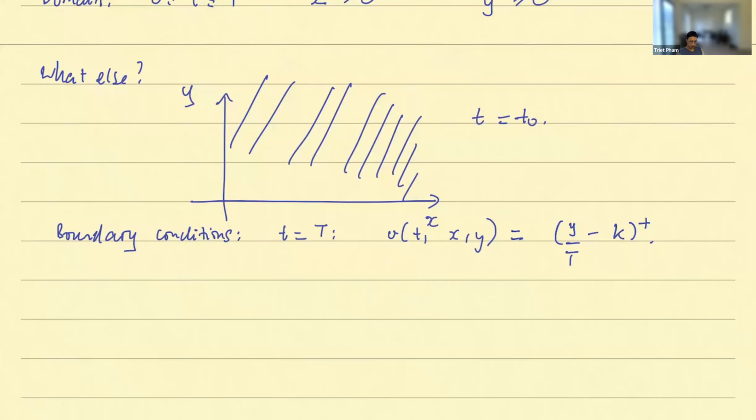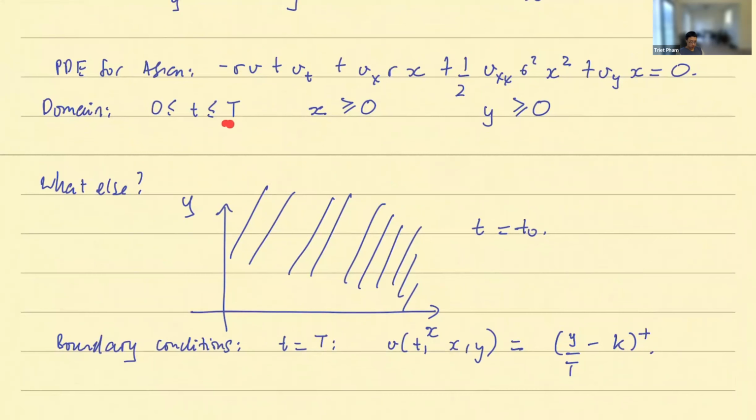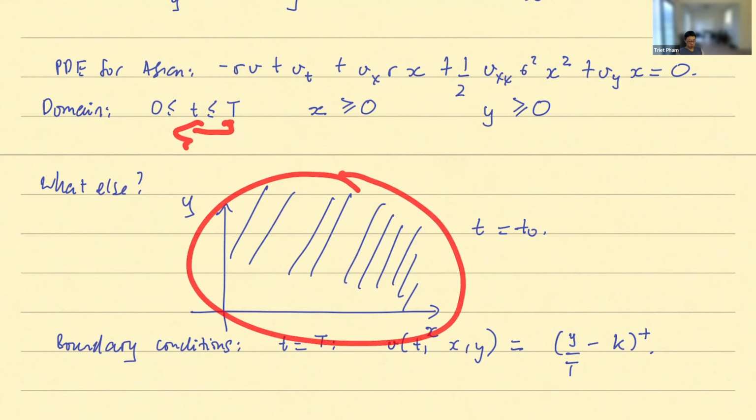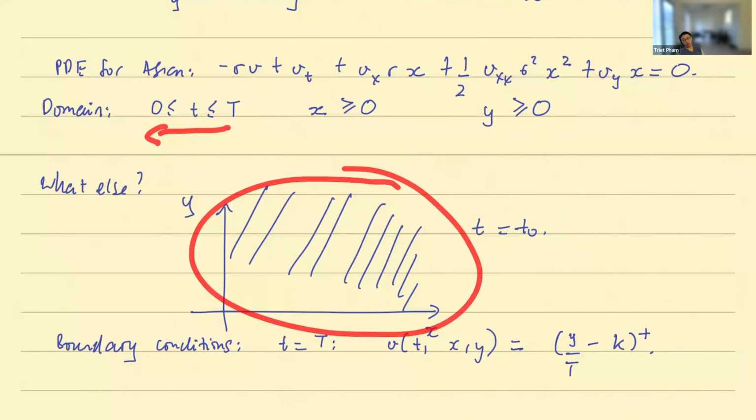What are all the boundaries? Is this enough? This only allows you to trace back from big T. But in this domain, you don't have anywhere to trace back yet. If you work from terminal time back, what about the spatial domain?